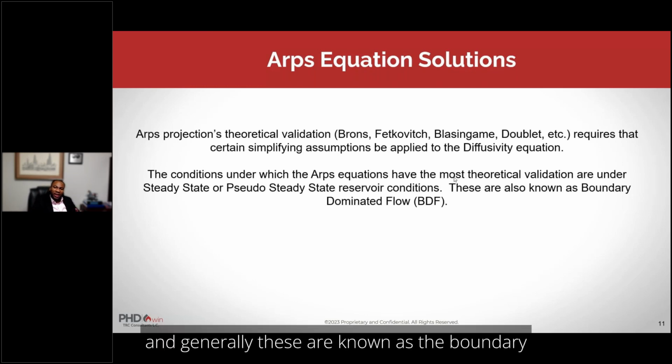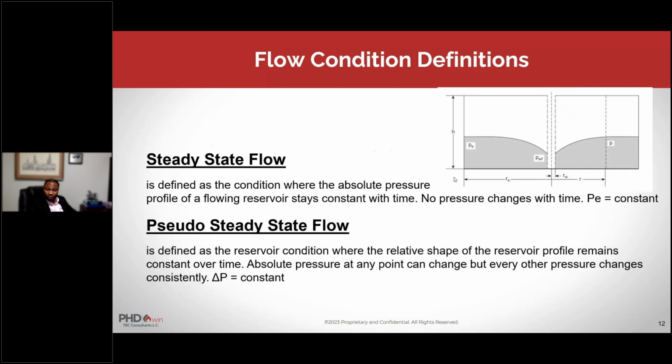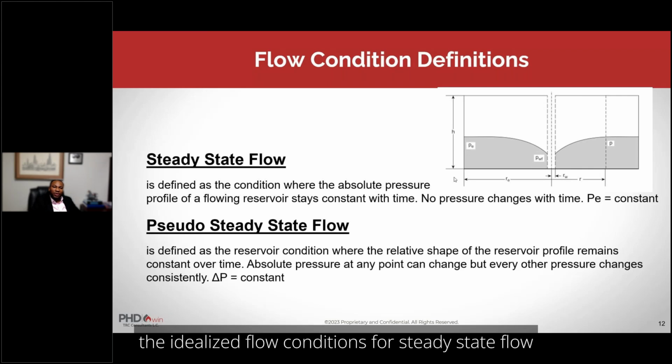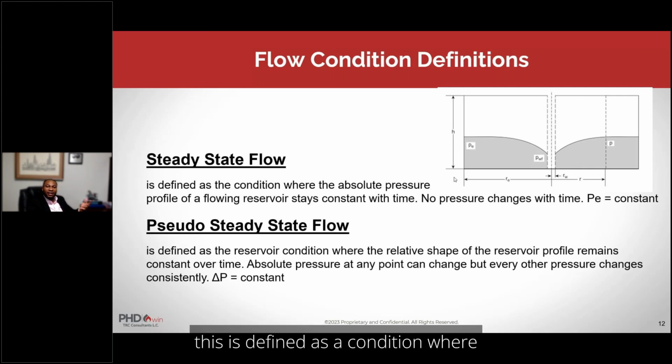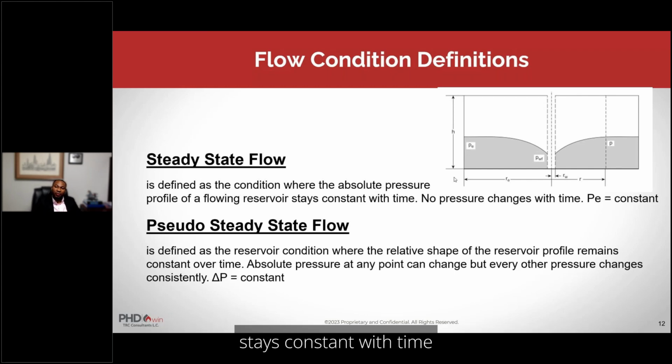And generally, these are known as boundary dominated flow. Steady state flow is defined as a condition where the absolute pressure profile of a flowing reservoir stays constant with time. So we don't see pressure changing with time.